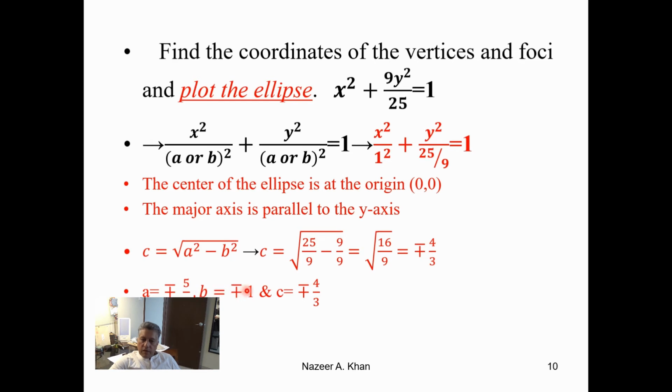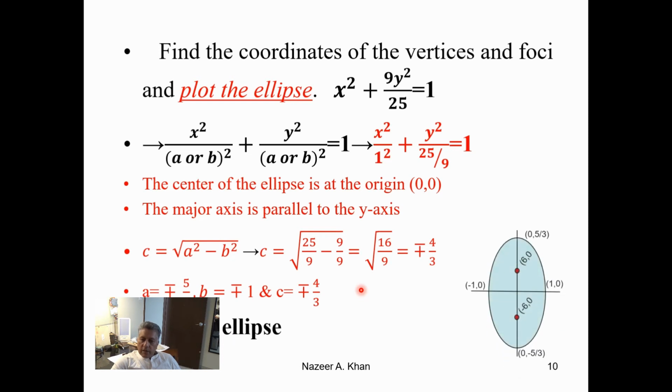My b value happens to be plus or minus 1, and my c value happens to be plus or minus 4/3, because we did this calculation here. 9 from 25 will give you 16, so we are looking at 16 over 9. We take the root of both of them. You can have 4 divided by 3, plus or minus, because it's on either side of the origin.